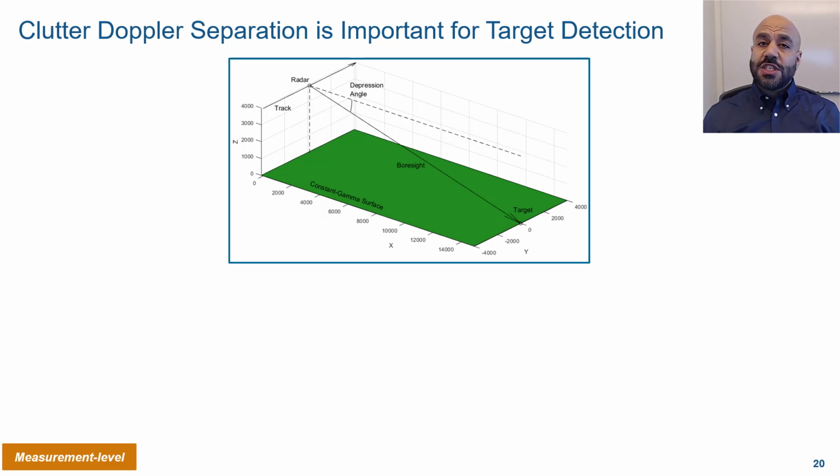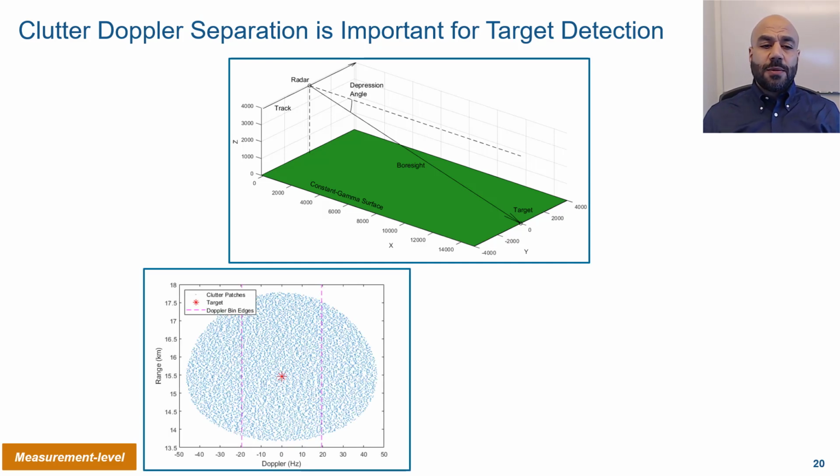We are using the measurement level model to generate statistical detections. When we look at the range Doppler map, the blue dots are showing the returns, or the detections, that this measurement level model has generated from the surface. And the red dot is the return from the target.